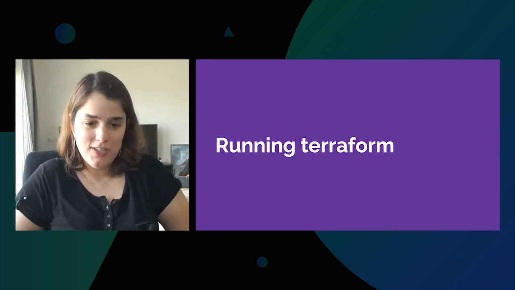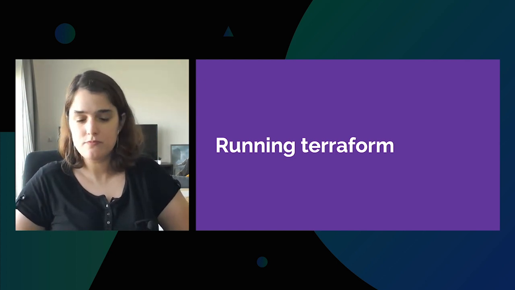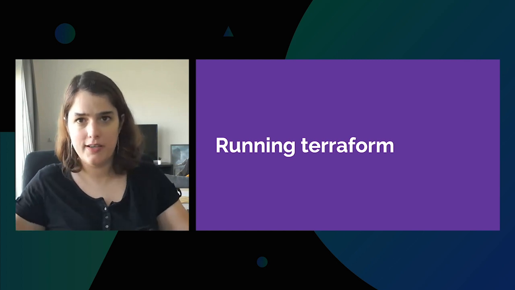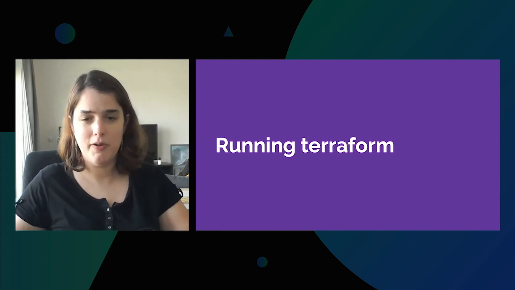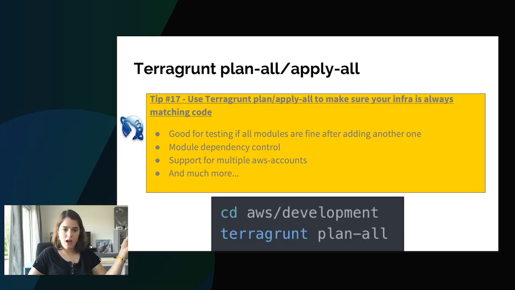So moving on to the last part of the presentation, it's about running Terraform. So I told you that I use Terragrunt and Terraform and how all of these things get combined together. So I use Terragrunt plan-all and apply-all. So what happens is Terragrunt apply-all will run all your modules in a specific order that it designed based on your dependencies, right?